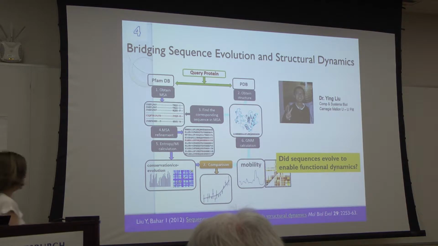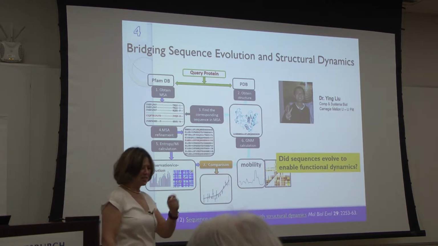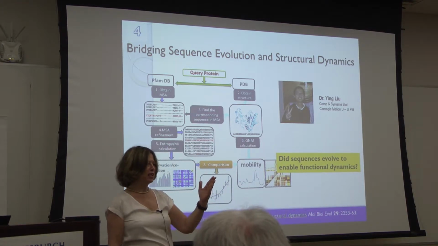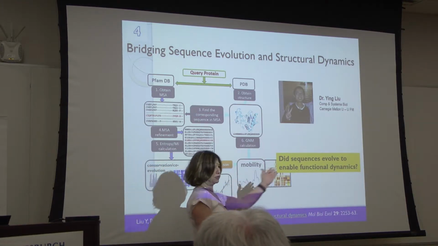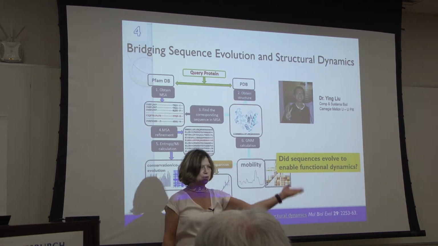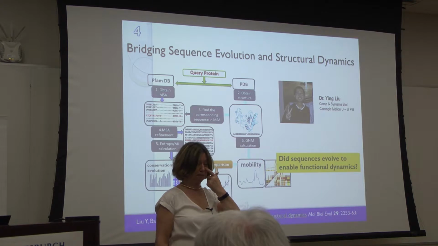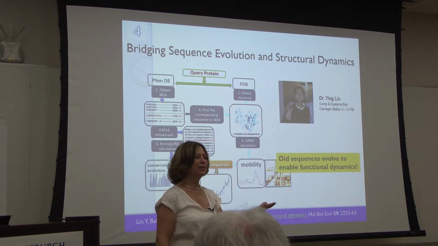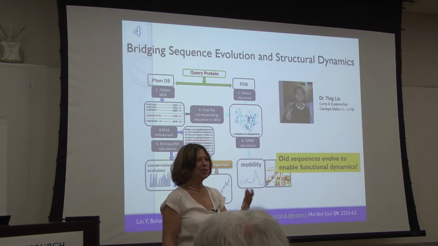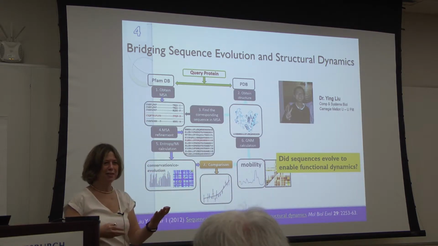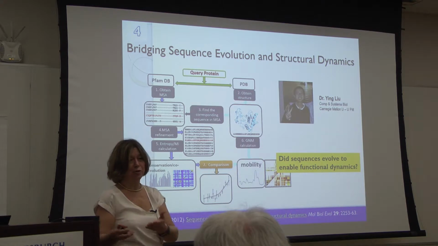Now, intuitively, based on all the discussion we had so far, would you expect a residue that is more mobile, more flexible, moving more, to be more or less conserved evolutionarily? Less conserved. So that's what we're going to observe, actually. So our hypothesis, our expectation is reasonable, but sometimes we observe the opposite.